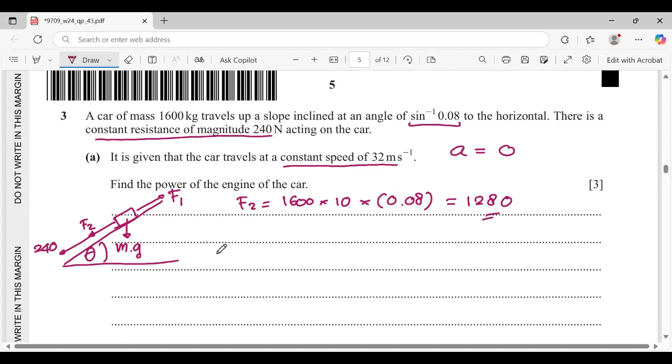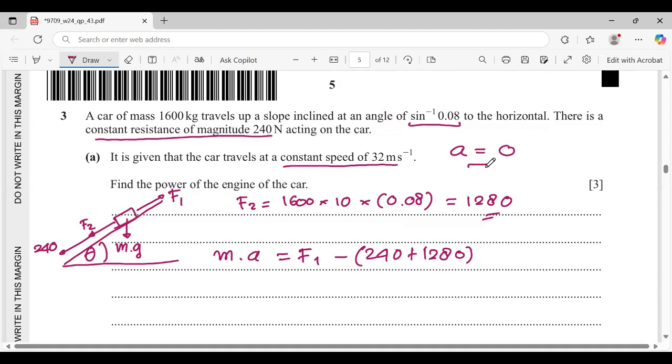Next, we're going to find that mass times acceleration equals F1, the forces acting on this car upwards and downwards, minus 240 plus F2, 1,280.